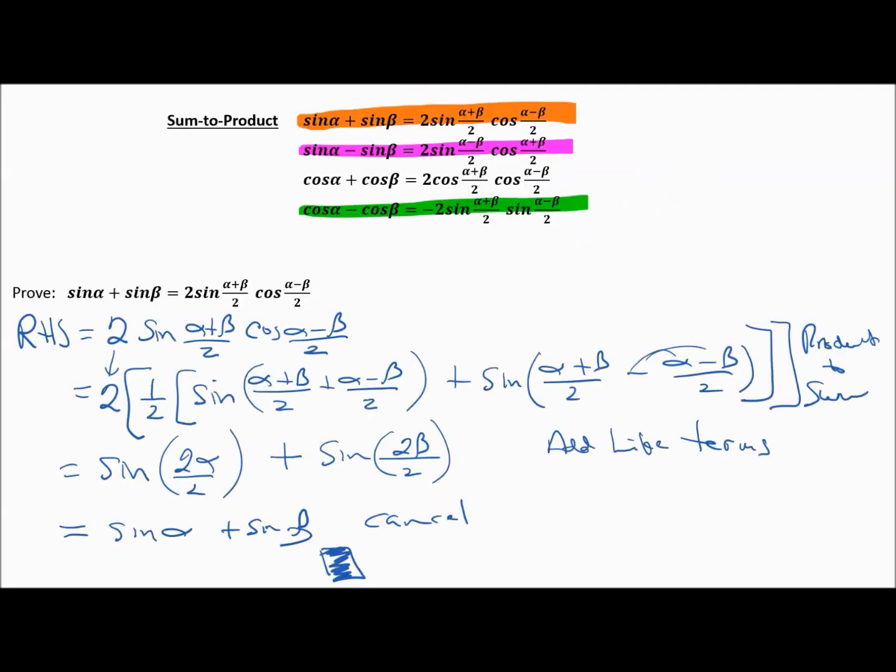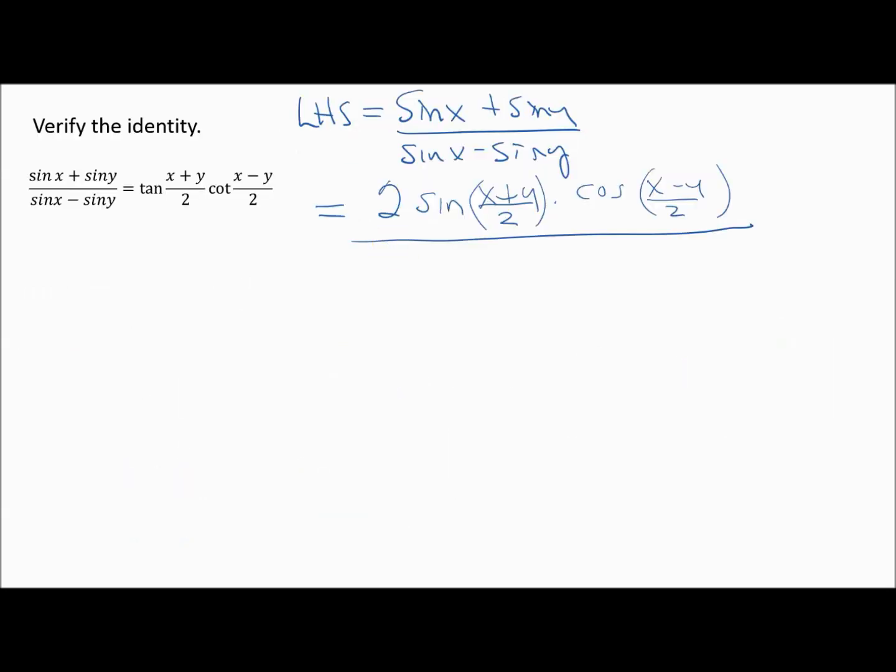Now I'm going to look up sine minus sine. Back to my formula list. Sine minus sine is in the pink or the purple. So that's 2 sine of subtracted divided by 2, cosine of added divided by 2. It's kind of the opposite of what we just did. So that's sine of x minus y over 2 times cosine of x plus y over 2.